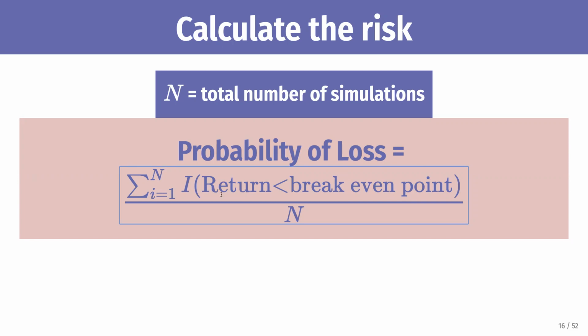And the name of the return variable in our data set was profit. So we would sum up all the times that the profit was less than 0, and then divide that by N, the total number of simulations that you did. So that's your probability of loss. It's basically just how many times in our simulation we lost money divided by the total number of simulations that we did.